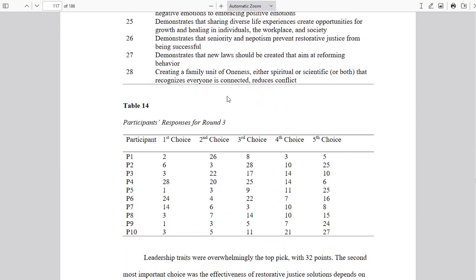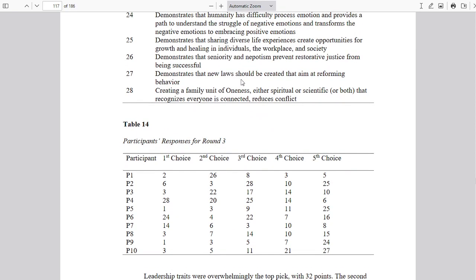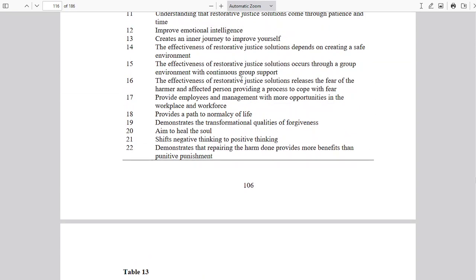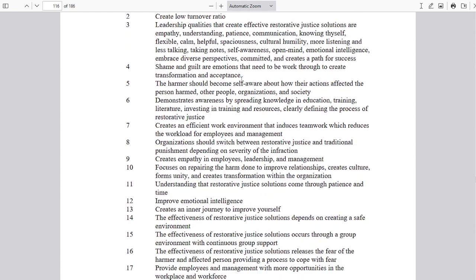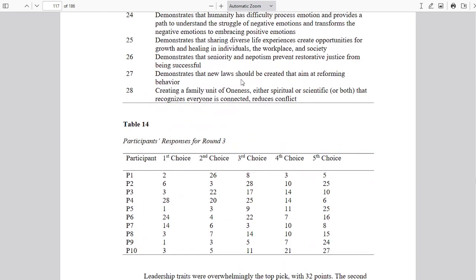Whereas, let's say, P10 thought 3 was the most important. So they chose leadership qualities. And so these were how they voted for the first, second, third, fourth, and fifth choice.